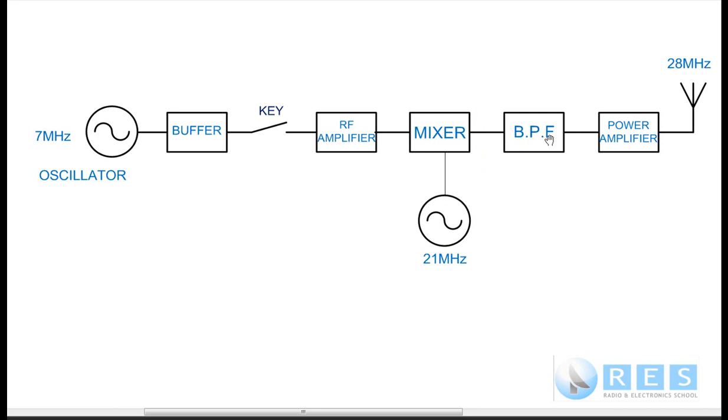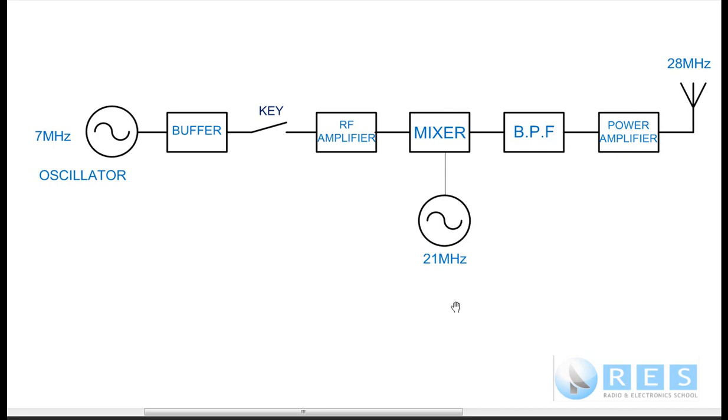So we have a bandpass filter. That bandpass filter would be on 28 megahertz, and it would pass a narrow band of frequencies for a Morse code transmitter. Morse code transmission's about 200 hertz wide, so this filter need only be 200 hertz wide bandpass. And if that were the case, we would have to use a crystal filter in there.